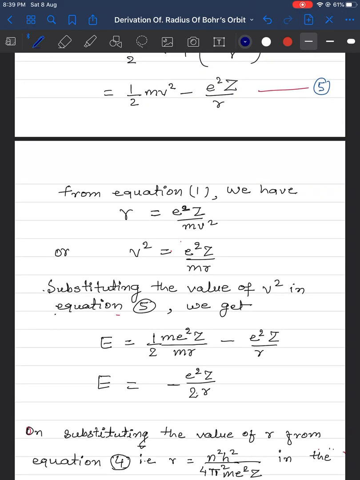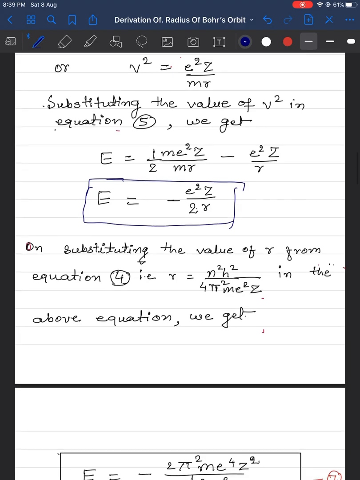And from equation 1 we have r is equal to Ze squared divided by mv squared, or v squared is equal to Ze squared by mr. Substituting the value of v squared in equation 5, we get E is equal to minus Ze squared divided by 2r.